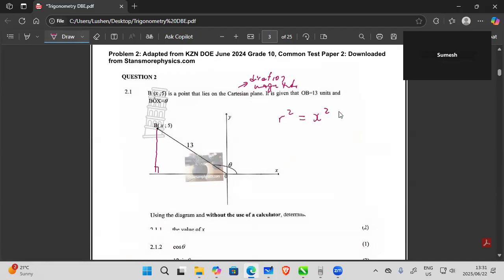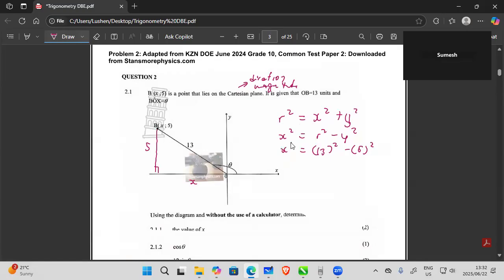So it goes like this. R squared is equal to X squared plus Y squared. R is this radius, X is this value here, and Y is this value here. We're trying to solve for X, so X squared is equal to R squared minus Y squared. R squared is 13 squared minus Y squared is 5 squared.